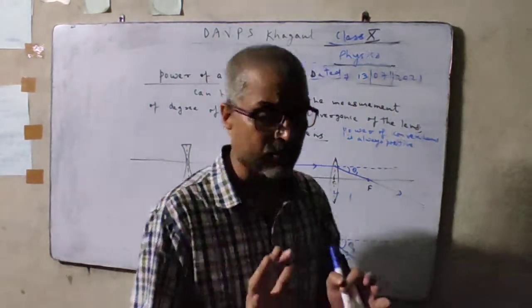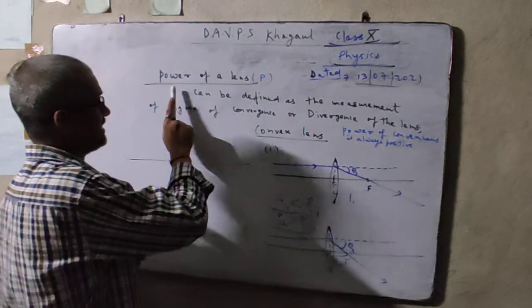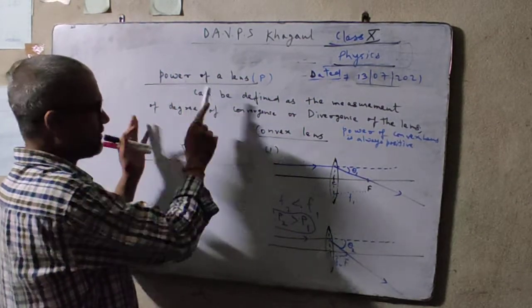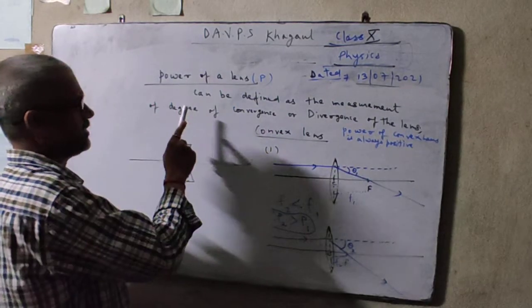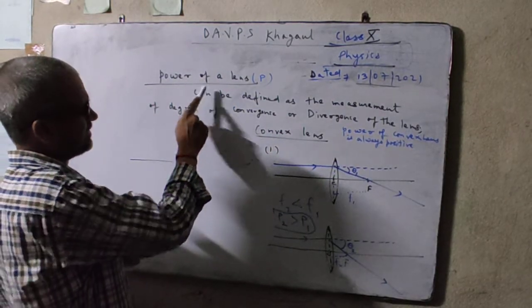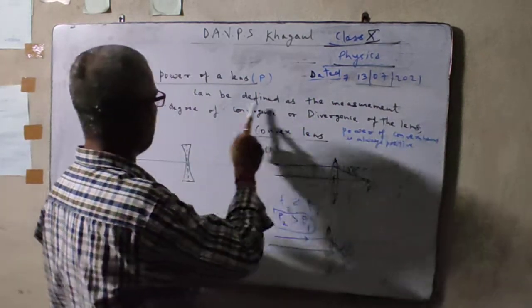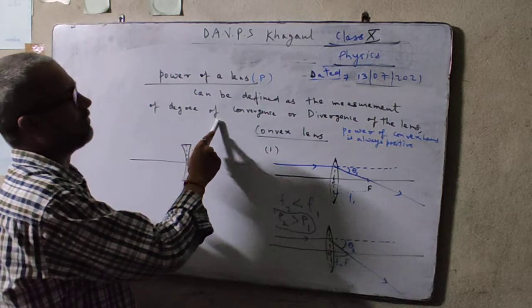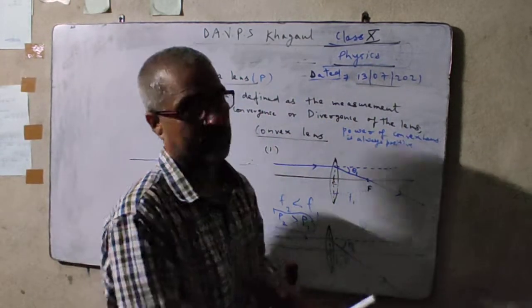So if you are talking about the definition of power of lens, the main definition is that it is defined as the measurement of the degree of convergence or divergence of the lens.